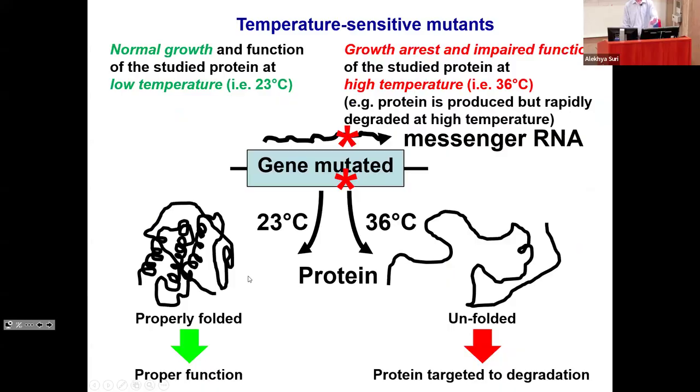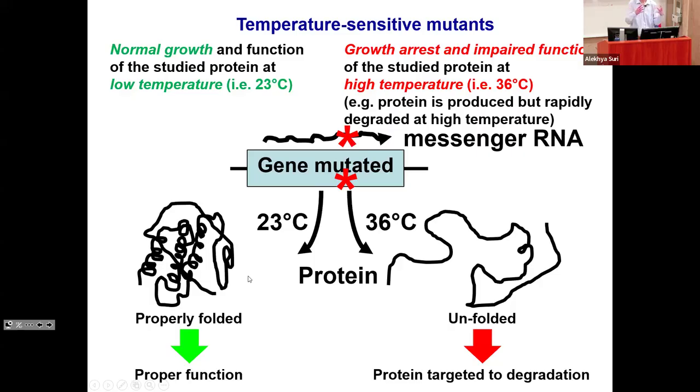Maybe this would be a little bit more in detail. Temperature-sensitive mutants means that you introduce, for example, a point mutation in a single gene that affects cell growth. At normal temperature, at room temperature, this protein would fold properly. There would not be anything to see.